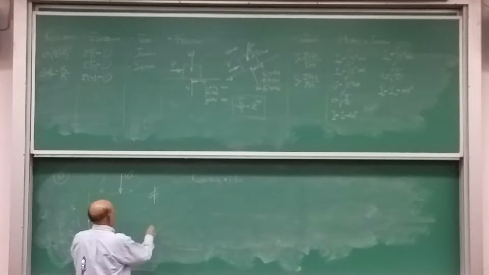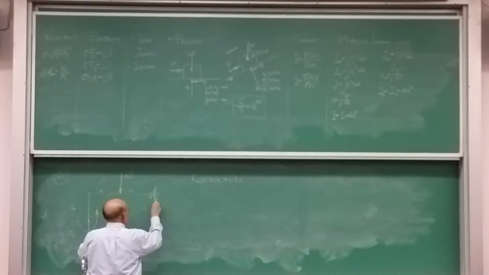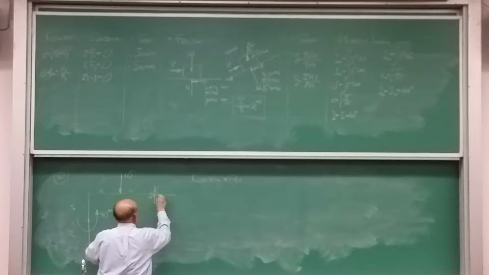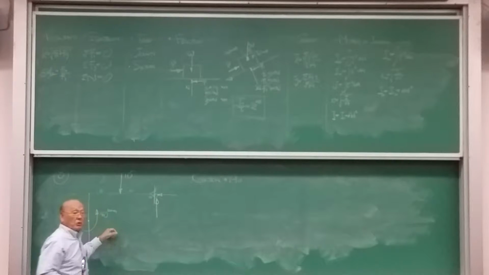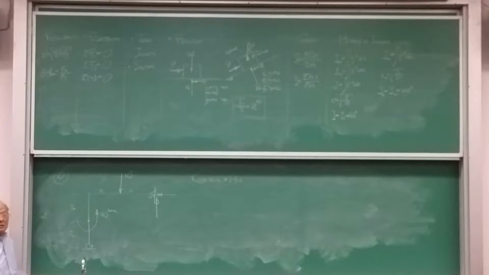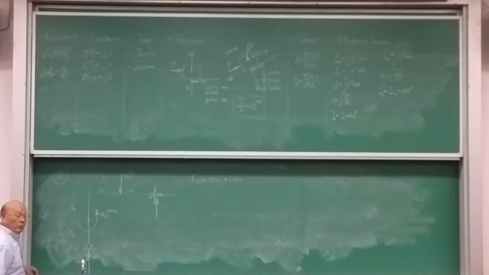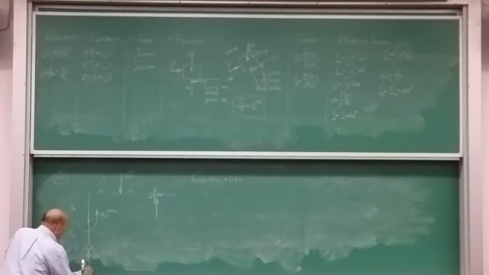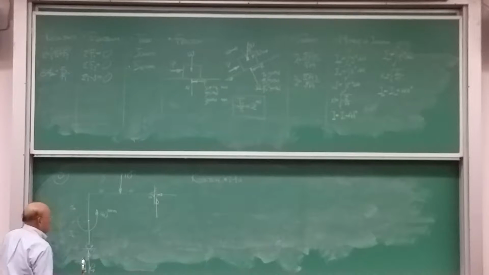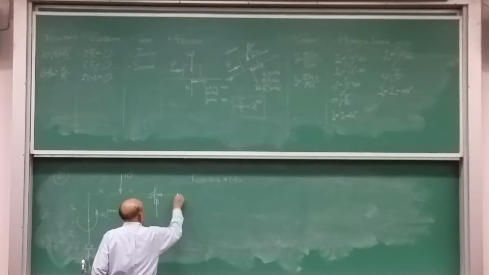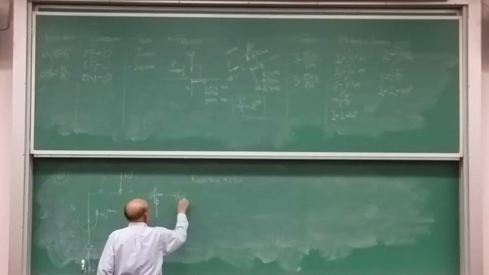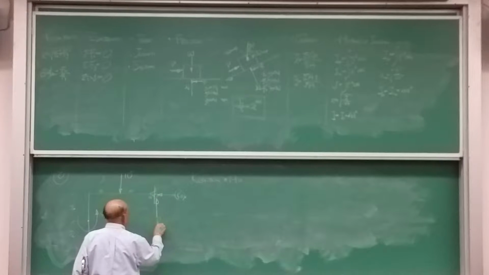Pin means we have to have this and that, and we don't know which way it's going to go, so I'm just going to put both. Roller, we said we should have only one. So label them: reaction at A, and reaction at B, this is the X.